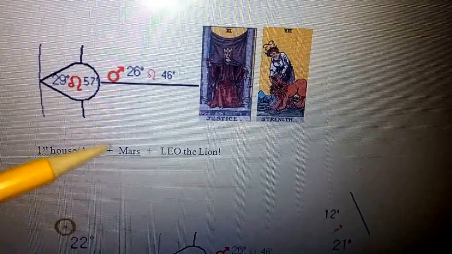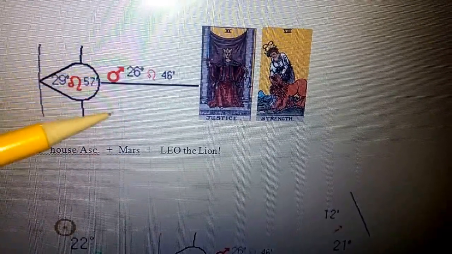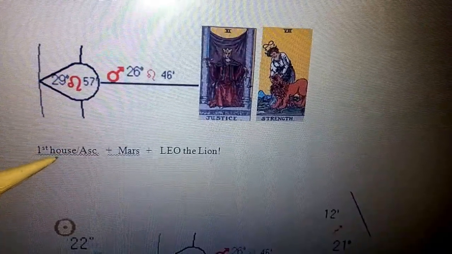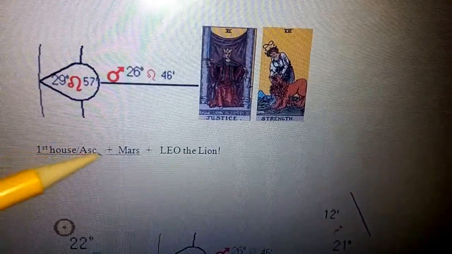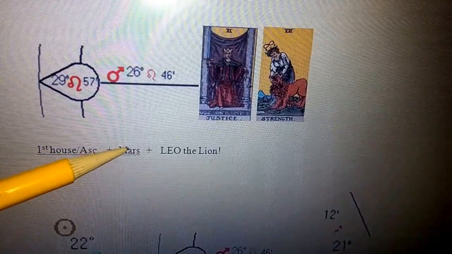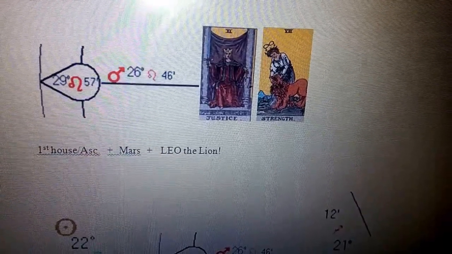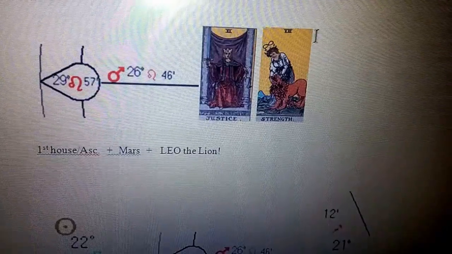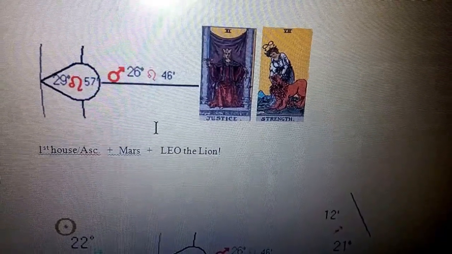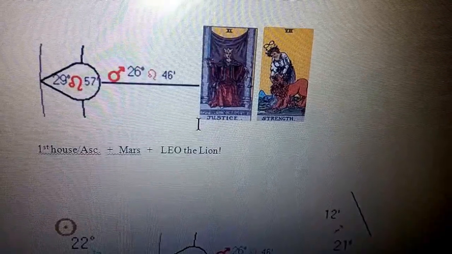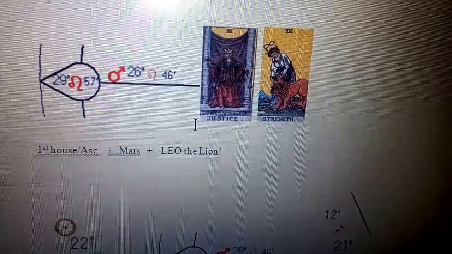You can't separate the Mars on the ascendant from this combination. So you're going to look at the first house, what that means, Mars, what that means, and Leo, the lion. I did a more detailed chart of Donald Trump, but I want you to apply this to your chart and also the other charts I'm going to present.